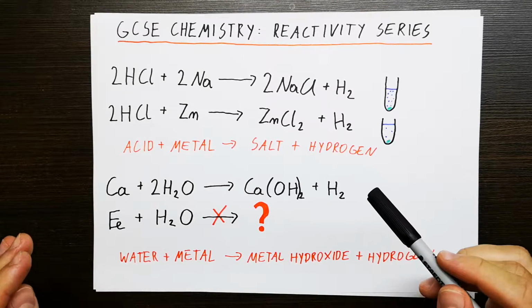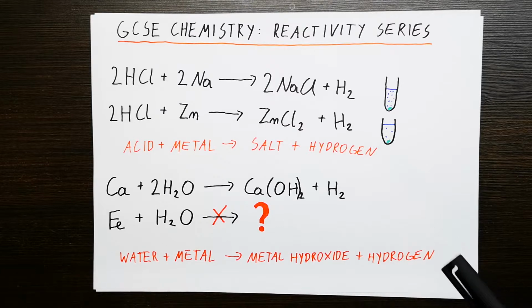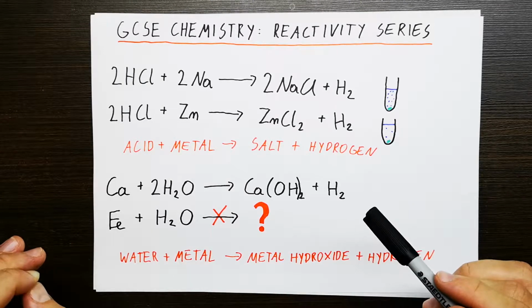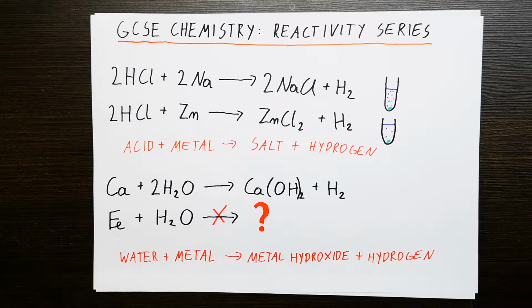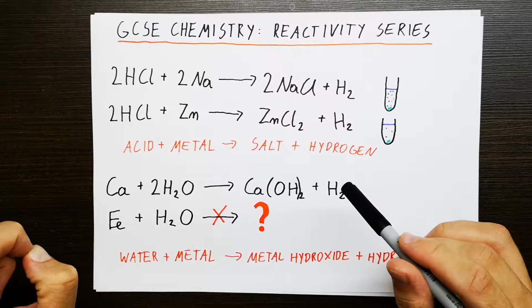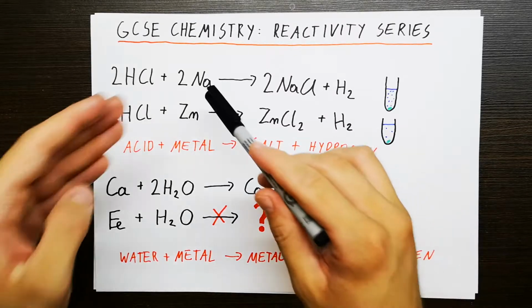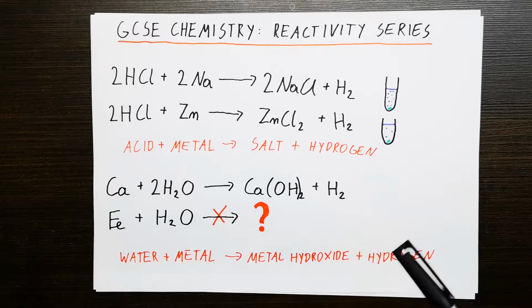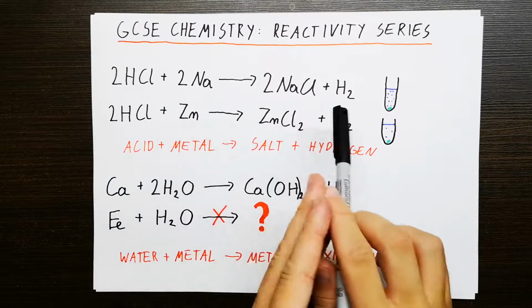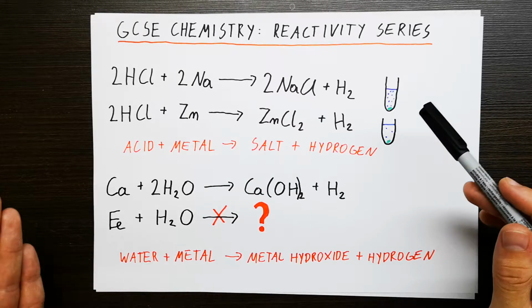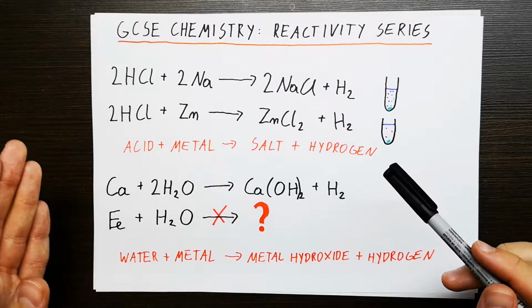Certain metals find it easier to give away those electrons than other metals. And those metals that find it easier to give away those electrons will be the most reactive ones. So sodium finds it way easier to give away those electrons, therefore this reaction happens much faster. And we see much more bubbling than, say, in zinc.